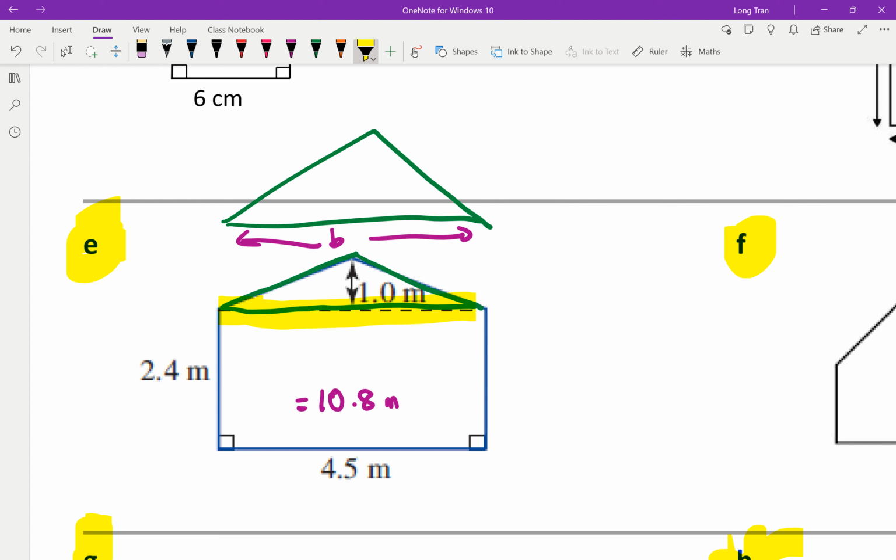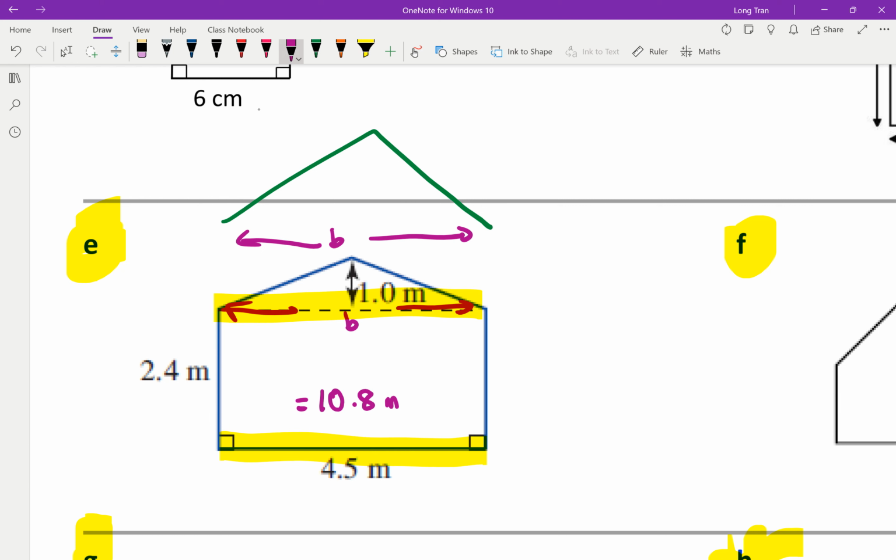That base is here. So I'm asking you, what is the base in this diagram? If you can see it in that triangle, hopefully you can see that this is your base. But then what is that base equal to? What is the length from here to here? Hopefully you can see that it's actually the same as this rectangle, so it must be 4.5.